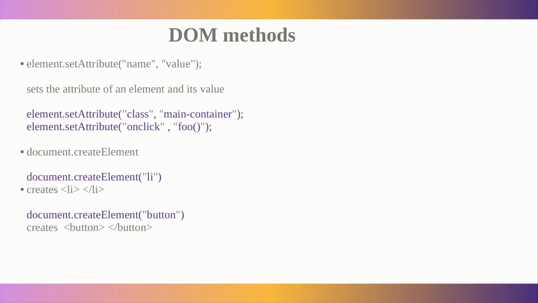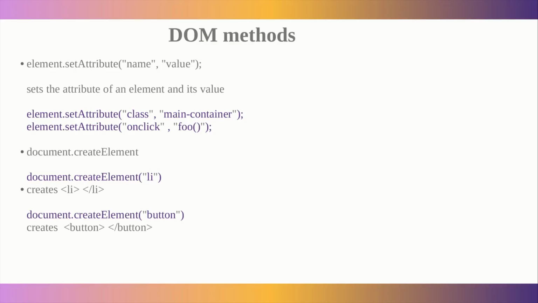As I've mentioned before, attributes come in name-value pairs. And here you see we've used a set attribute to give the element a class attribute with the value of main container. Similarly, we can also give an element an onClick attribute whose value is a function, as you see here in our example where function foo is the assigned value of the onClick attribute of an element.